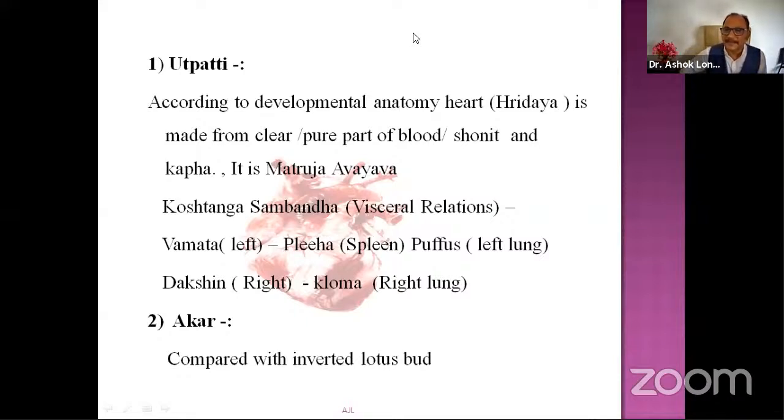It is compared with an inverted lotus bud.